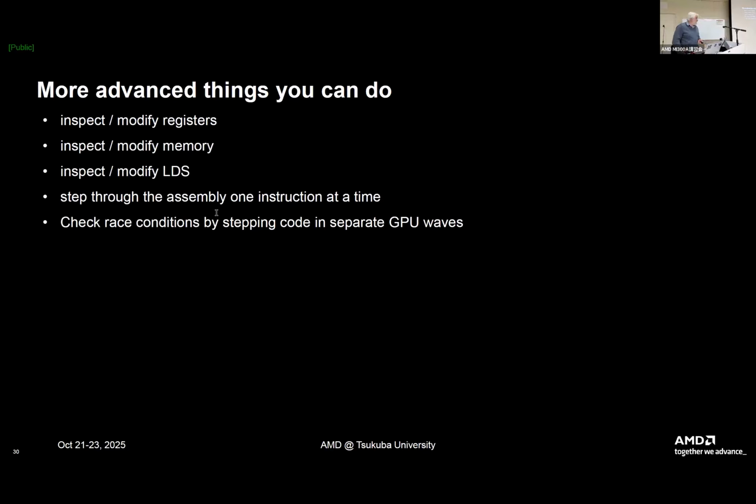You can modify the registers just like on the CPU. You can modify memory or LDS. It's pretty amazing that you can do all this on a GPU. The debugging was much, much harder early on with GPUs. You can step through one instruction at a time, and even look for race conditions by how you step through the code.